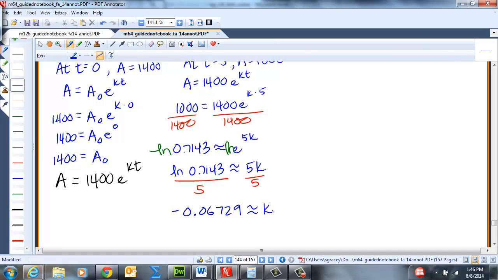All right, so we now have our model. A equals 1400 e to the negative 0.06729 times t.